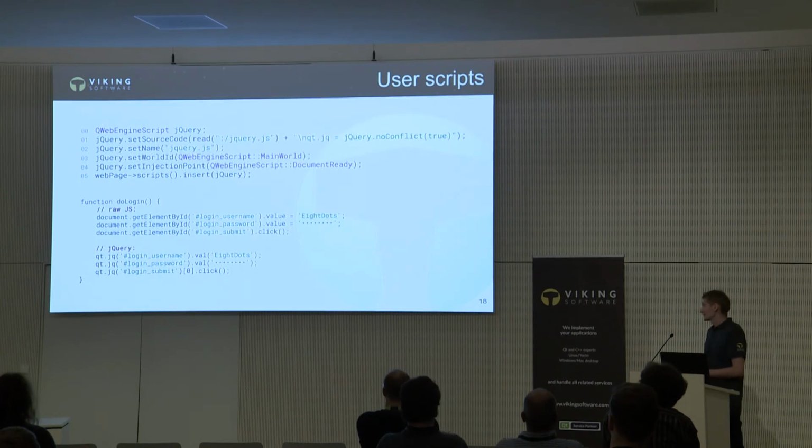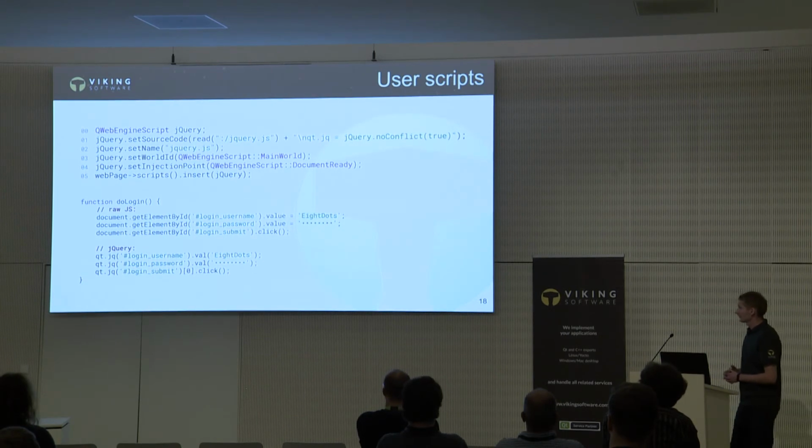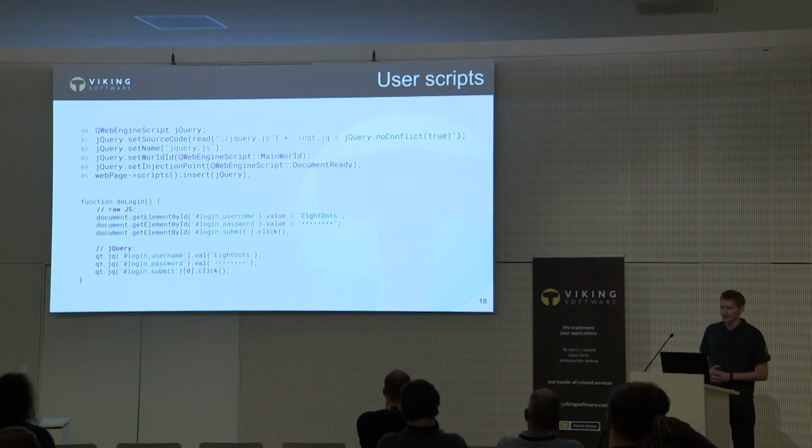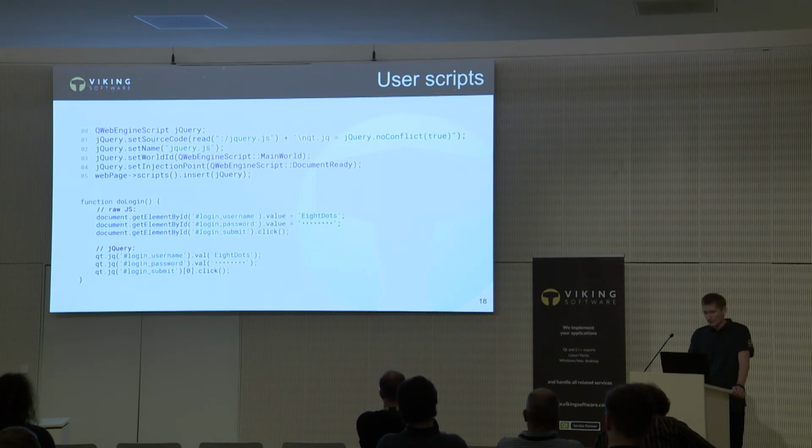Now, when the script is filled with data, it could be inserted into the collection of scripts related to this page, and then when the data is loaded, we can just invoke JavaScript functions. Here is an example of using the jQuery library.